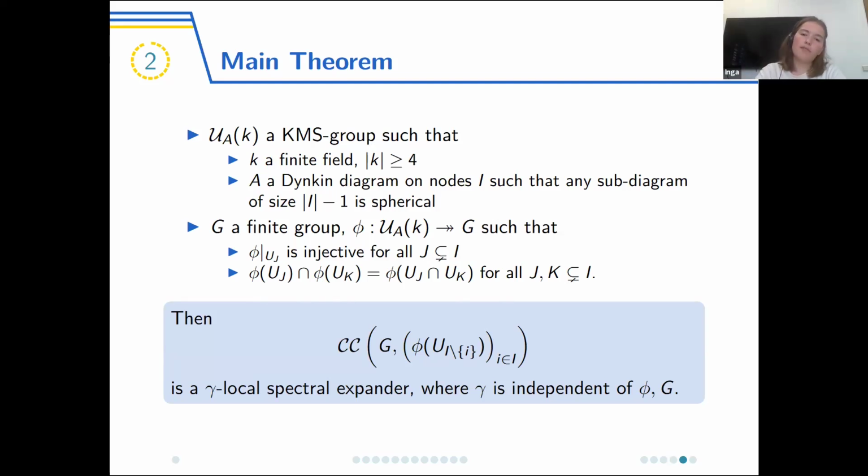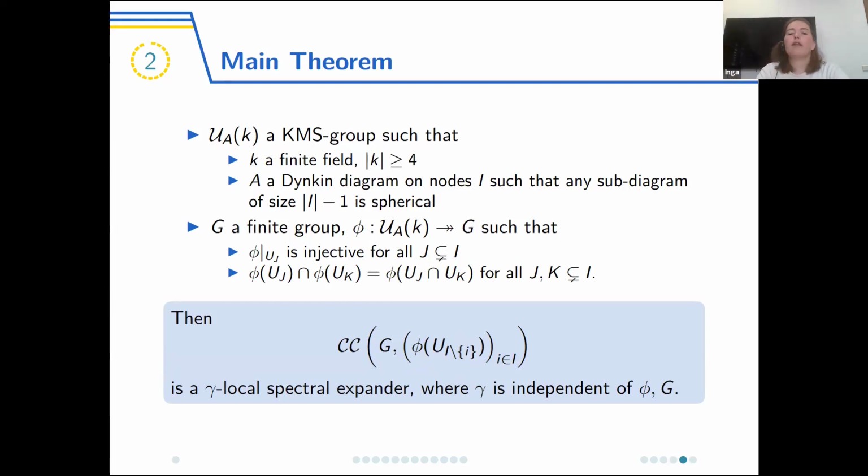If we have all those conditions, and we look at the coset complex of our finite group G with respect to the images of the U_I, where we always remove one of the indices, so the subdiagrams are as large as possible but still spherical, then it will be a local spectral expander where the expansion constant is independent of the finite group G and the quotient map phi.